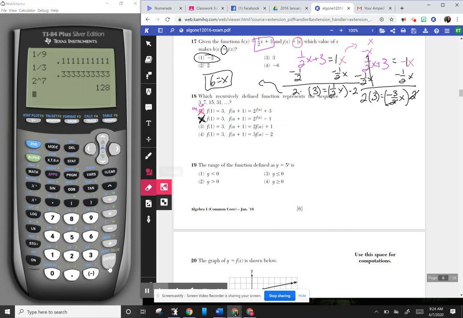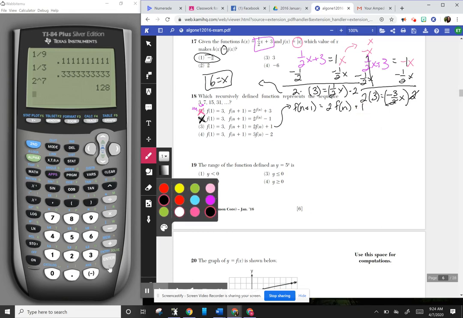Okay. So now we can go back. Now we're going to do option 3. This time we have f of n plus 1, which equals 2 times f of n plus 1. And again, we know that f of 1 is 3.